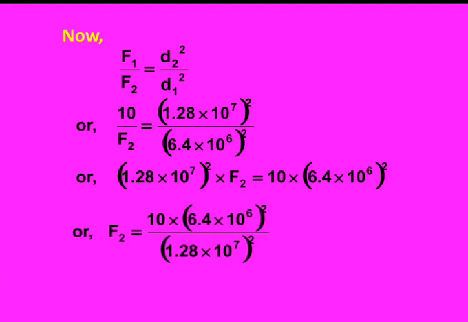Or F2 equals 10 into 6.4 × 10^6 whole square whole upon 1.28 × 10^7 whole square. Therefore, F2 equals 2.5 Newton.